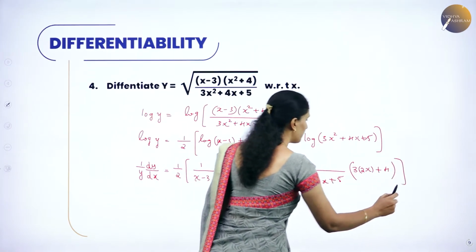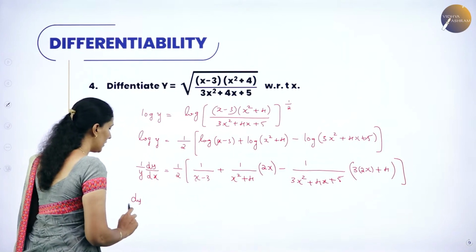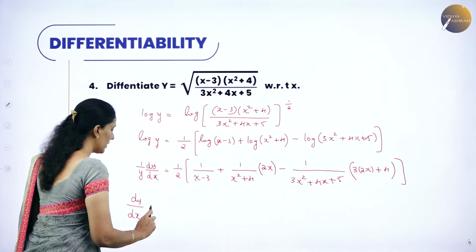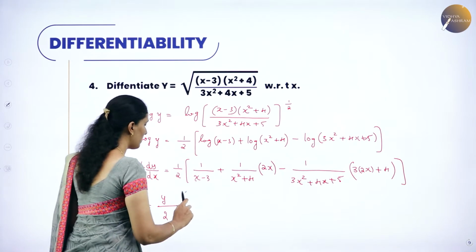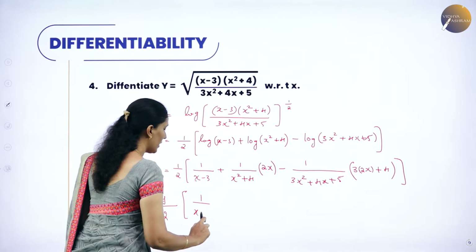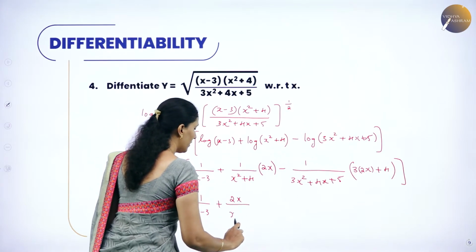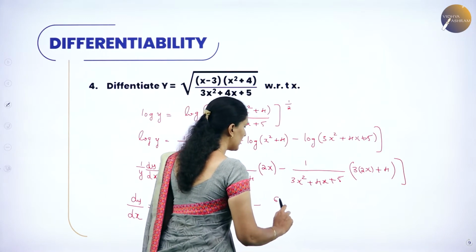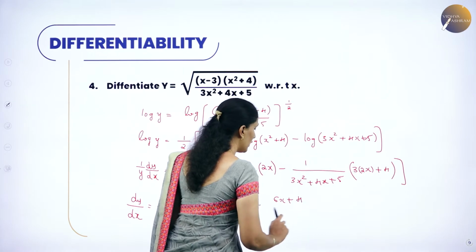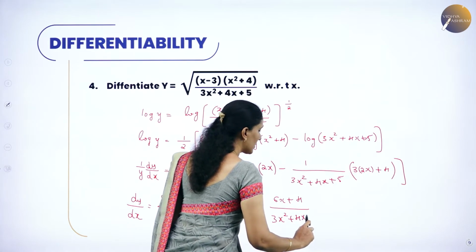So now here I can write dy by dx is equal to y by 2 into [1 divided by (x minus 3) plus 2x divided by (x square plus 4) minus (6x plus 4) divided by (3x square plus 4x plus 5)].